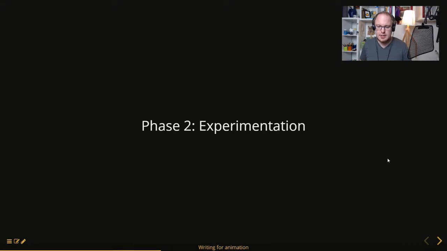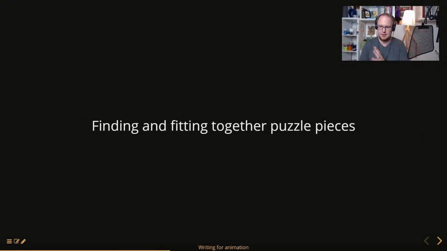This now starts phase 2, experimentation, where you experiment with the ideas that you have collected. You now have a collection of loose ideas, and you experiment with how they fit together. I always like to compare storytelling to a puzzle.